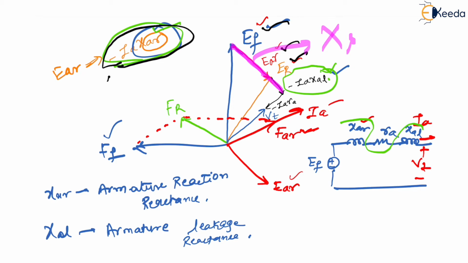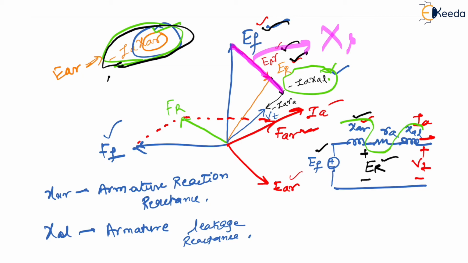Somewhere you get ER, which is nothing but this EF minus this IAXAR drop, correct?